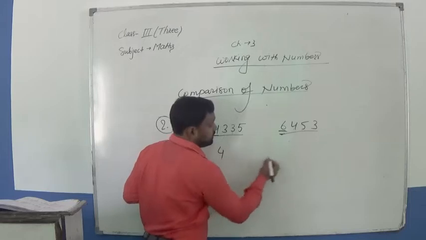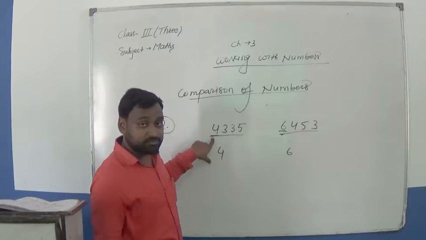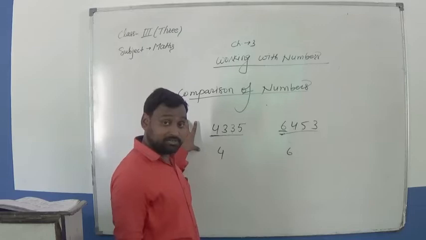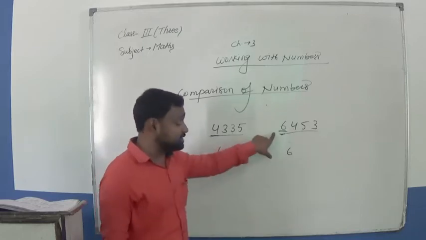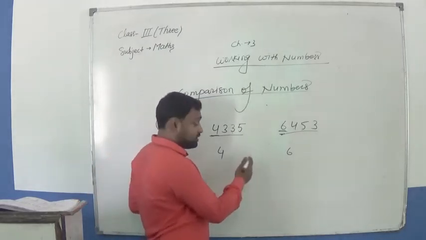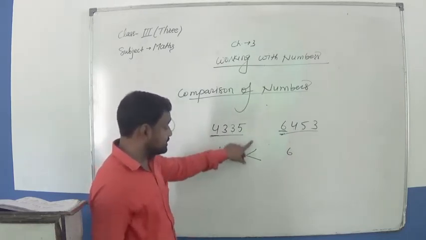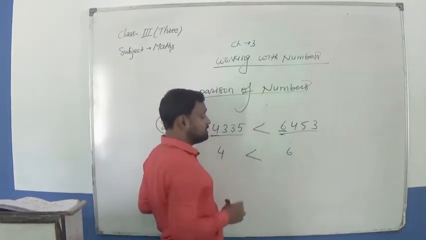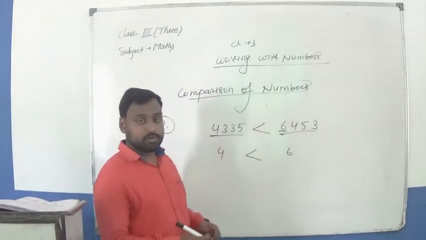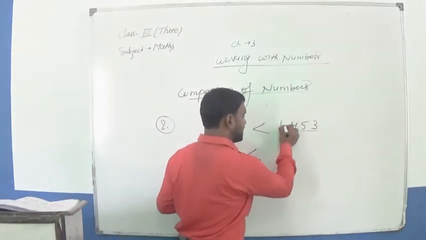Here it is 4, here it is 6, at the first position from the left side, not from the right side. 4 is smaller than 6, so this number is smaller than that number.